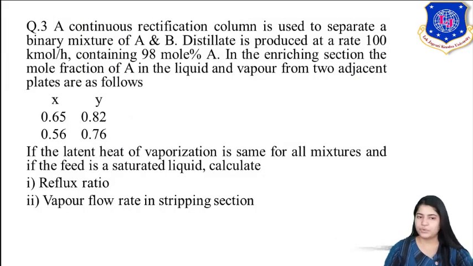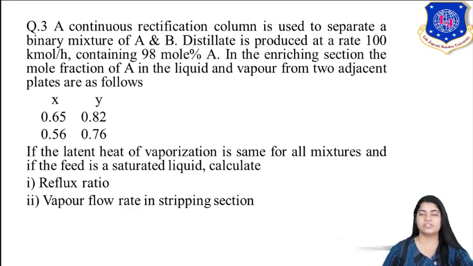Now the third question which can be asked in the exam is: a continuous rectification column is used to separate a binary mixture of A and B. Distillate flow rate is given as 100 kilomole per hour and its composition is 98 mole %. In the enriching section, the mole fractions of A in liquid and vapor from two adjacent plates are given.